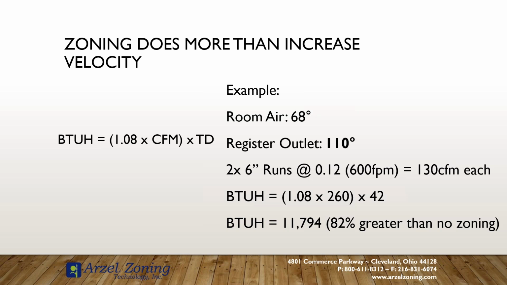I might see my register outlet temperature increase. So instead of 102 degrees, maybe I'm going to have 110 degrees. And at that 600 feet per minute, that's actually going to give me almost 12,000 BTUs of delivery, 11,700, 11,800 we'll say. And that's an 82% increase over the BTU delivery that I had without zoning at all.